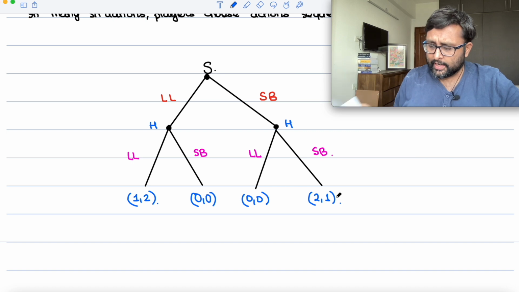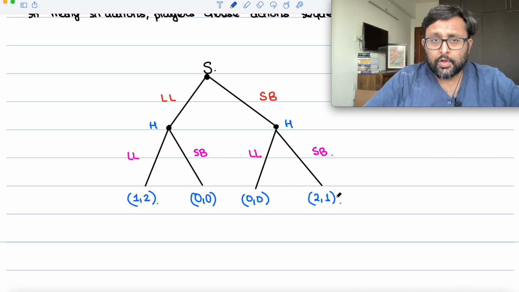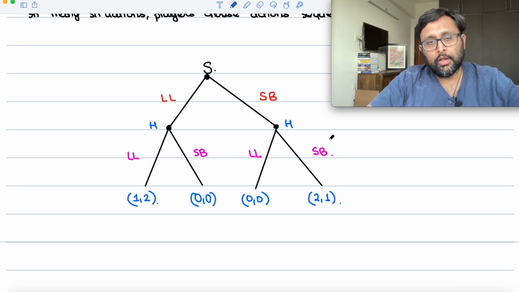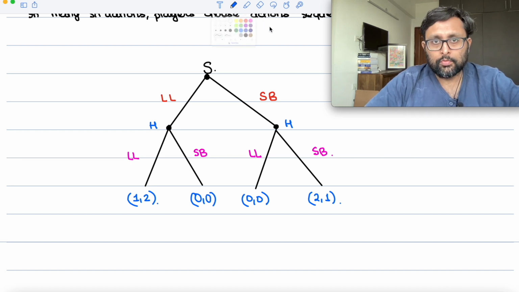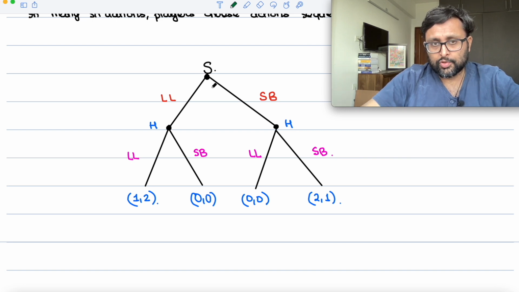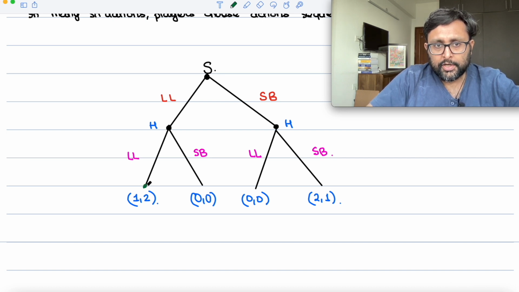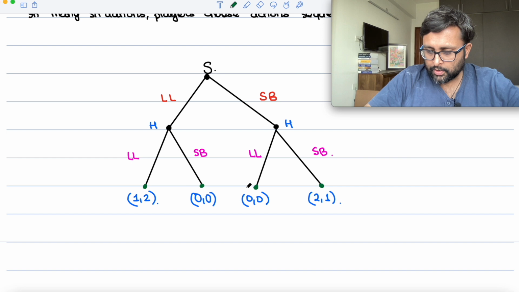And in every game tree, you need to tell who the players are, right? So here the players are S and H. These are the two players. So this is the initial node, this is the non-terminal node, and these are the terminal nodes, right?